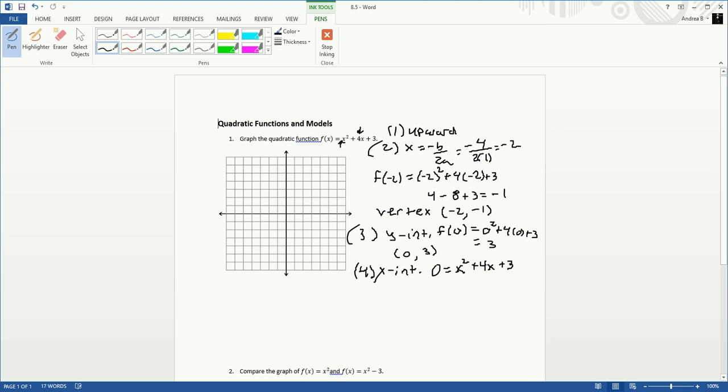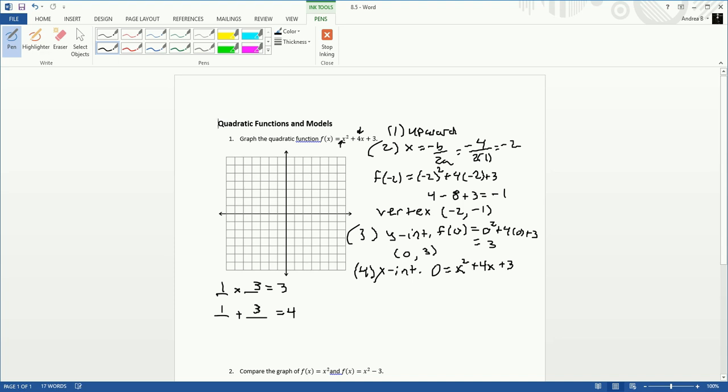To solve something like this, you need to factor, kind of like we had to do whenever we were doing our completing the square before. Right off to the side, you're looking for two numbers that will multiply together to give you the 3, that constant, and those same two numbers have to add together to give you the 4, the middle term, your b term. In this case, 1 and 3 would work for both of those cases.